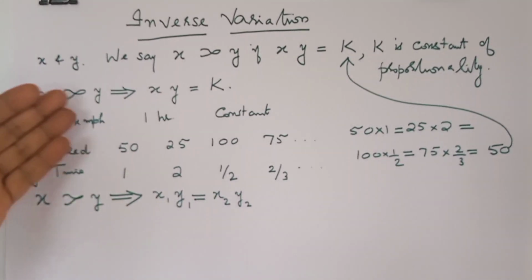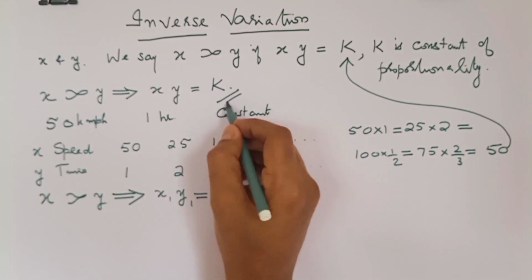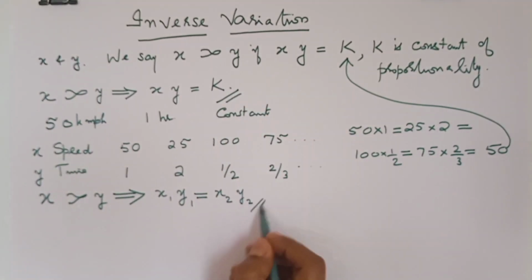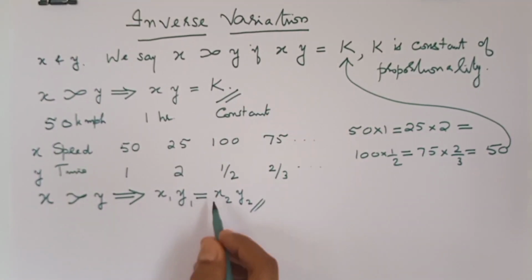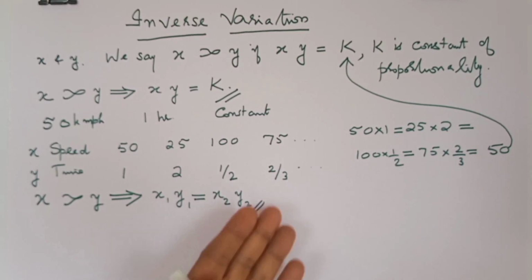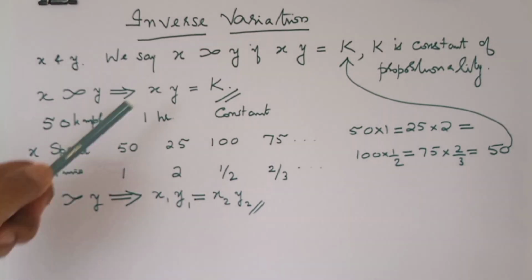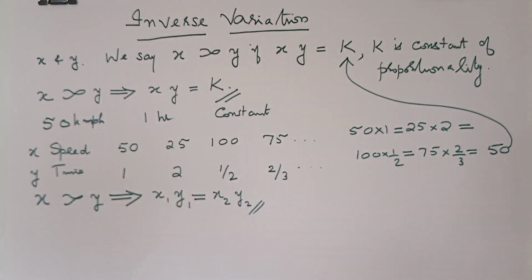So x inversely proportional to y, you may write as xy equal to k, or another way to write it is x1 y1 equals x2 y2. Taking two sets of values and finding their product, they will turn out to be equal. If you take a third set, that will also equal this one. We use either of these in solving problems on inverse variation.